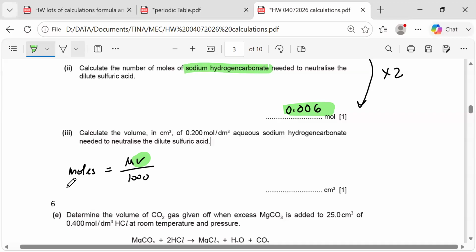Amount of moles is 0.006 because it's here. This is what you just said. M is given here, 0.2. V is what you're looking for, over 1,000. So you're just doing algebra.